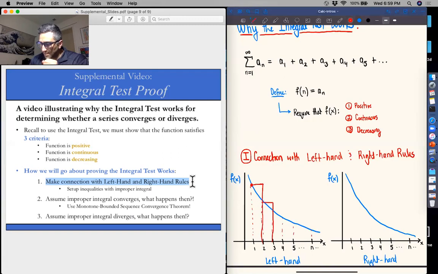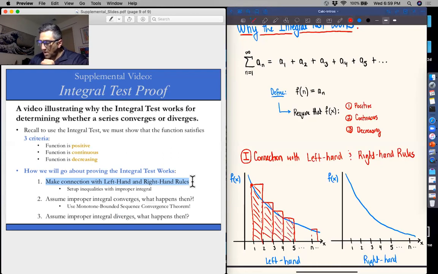And we would keep making this over and over like this. Okay? And then when we're approximating the area under the curve, we're really considering the area of all those rectangles.